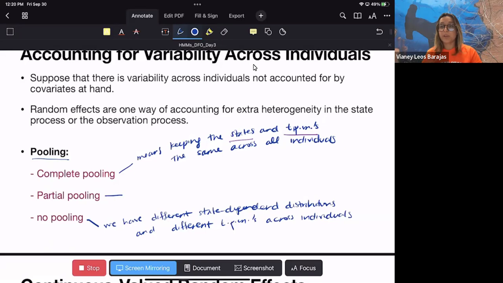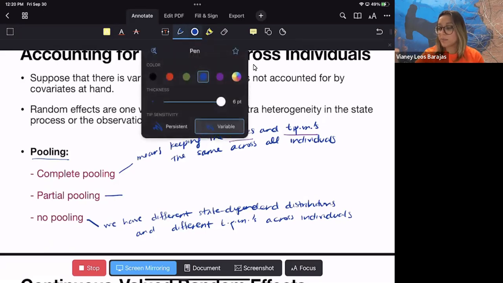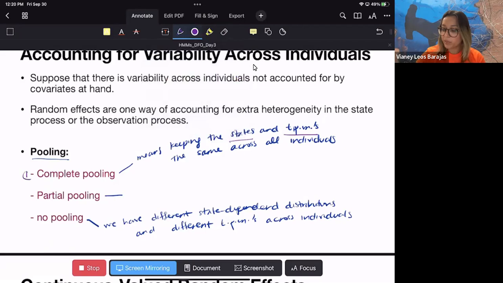So for example, suppose you have 10 individuals that you're interested in studying. If you want to fit a hidden Markov model to them, generally, the first suggestion is to do complete pooling.